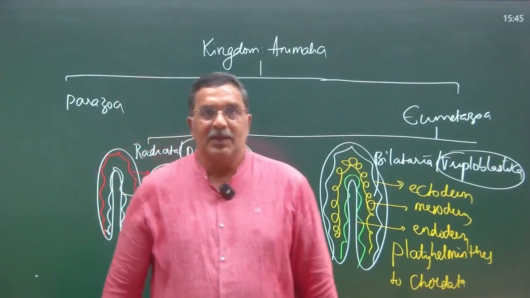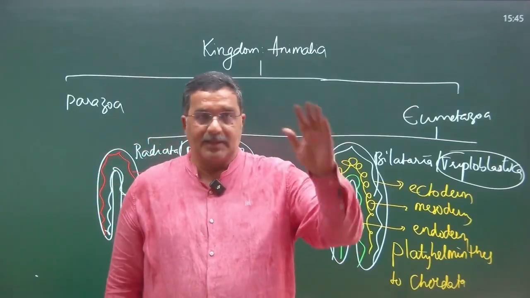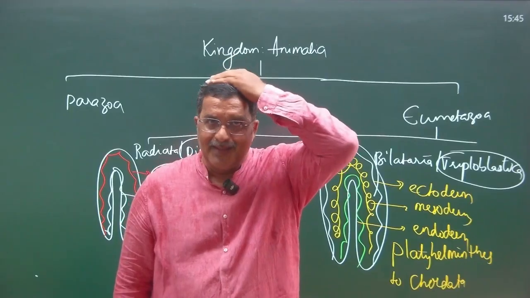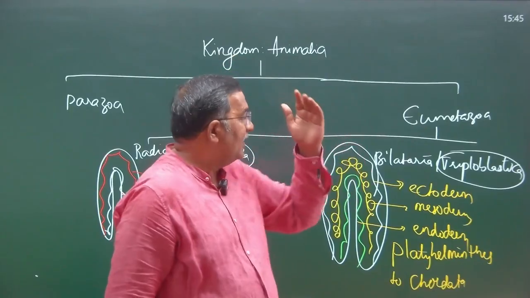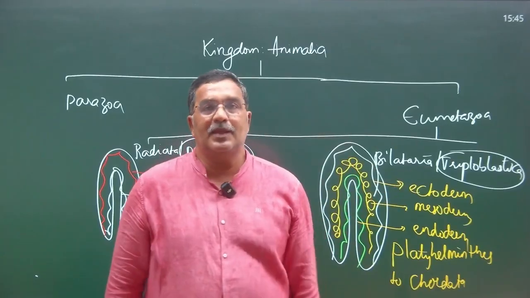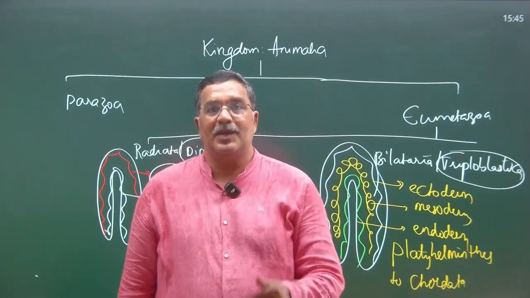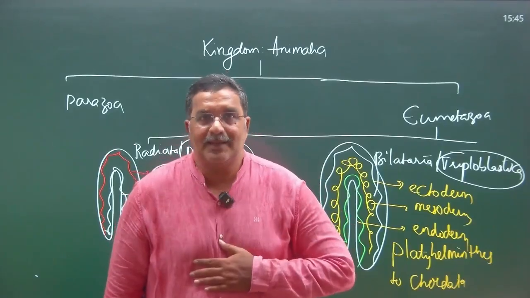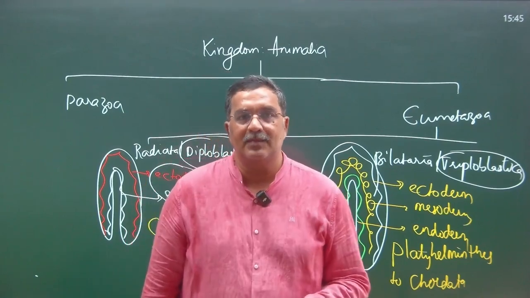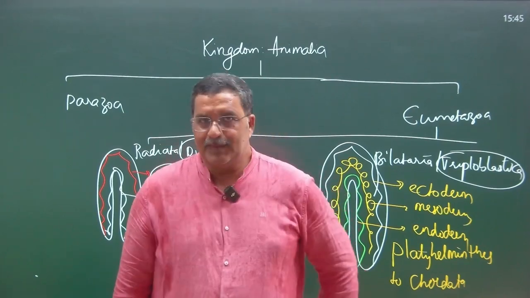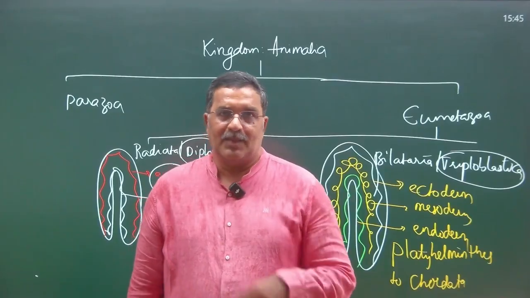In future, you are going to learn, for example, that the skull is derived from embryonic mesoderm. The brain inside is derived from embryonic ectoderm. Our gut, the alimentary canal, is derived from embryonic endoderm.